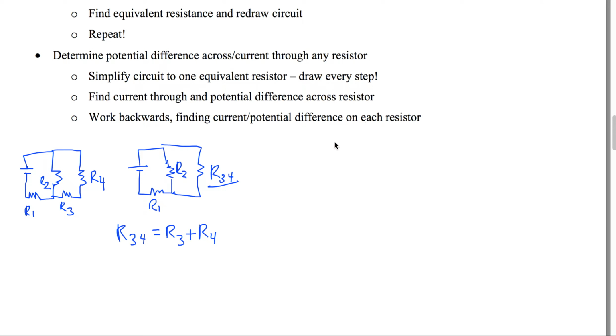And then we do it again, and now we see that these two are in parallel. This end is connected to that end, there's a junction. This end is connected to that end, there's a junction. So we draw it again.